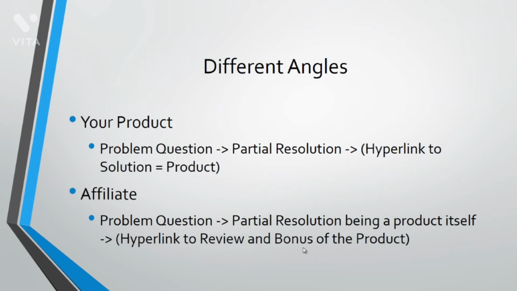Now, I will say off the bat, if you are promoting niches aside from business or internet marketing or even technology, something that is a general niche like dogs, organic foods, stuff like that, typically, you may not really need the bonus right here.